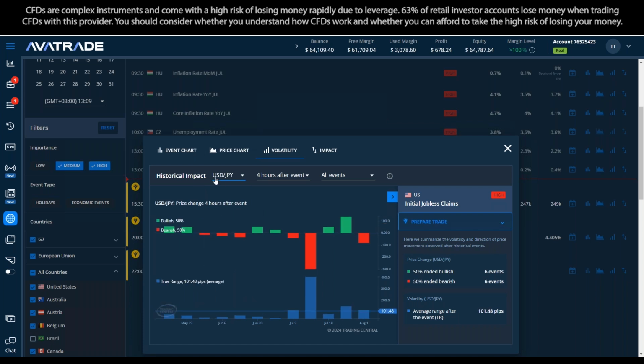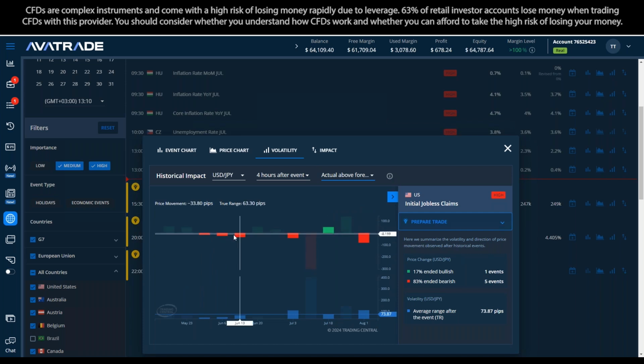So if we pair a USD that we would expect to weaken with bad news, and the yen should strengthen with bad news, then if these numbers come in above forecast, which is bad news, higher than expected jobless claims, we see in the past 83% of the time, 5 out of 6 times, the movement was down in the 4 hours after the announcement.